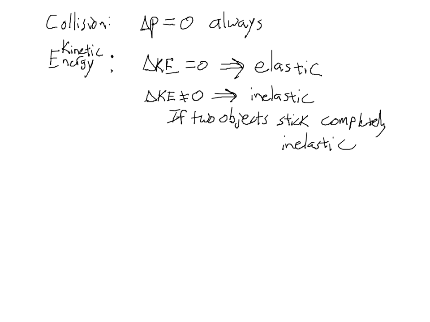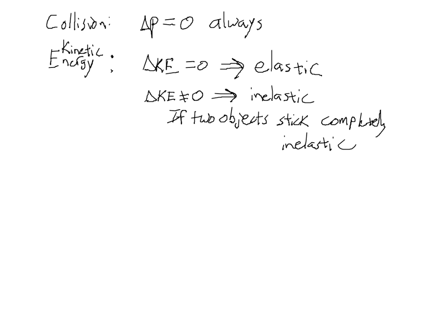If the problem tells you the collision is elastic, then you can use conservation of kinetic energy. If the problem doesn't say whether or not the collision is elastic, or if it doesn't explicitly tell you that kinetic energy is conserved in that collision, then you're not allowed to use conservation of kinetic energy to solve the problem.